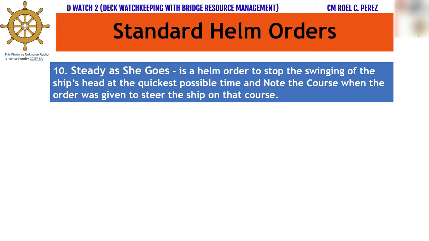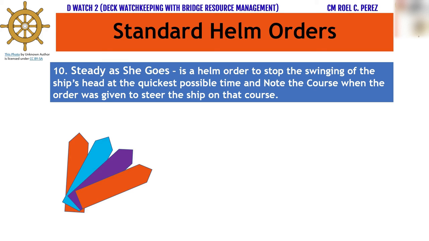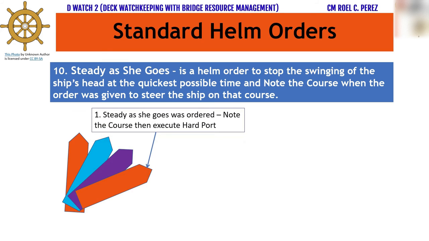Number 10. Steady as she goes is a helm order to stop the swinging of the ship's head at the quickest possible time and note the course when the order was given to steer the ship on that course. One. Steady as she goes was ordered.